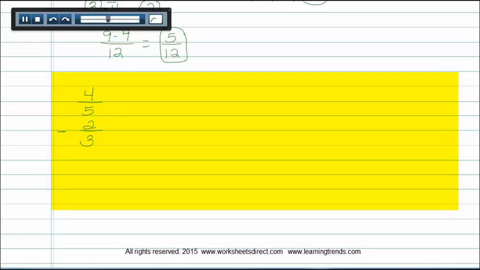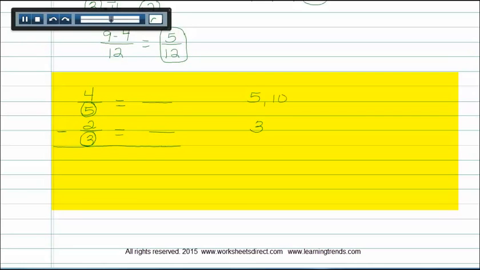And again, you'll see that our denominators are different. We have a 5 and a 3. So the first step is to find a common denominator. And again, we're going to do that through multiples.